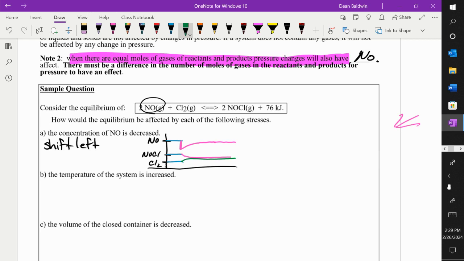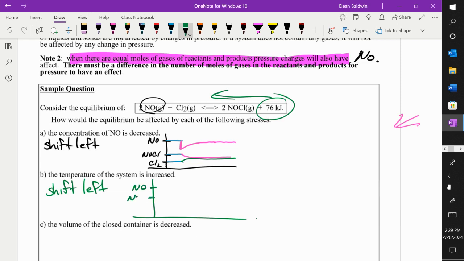All right. If we increase the temperature of this system, so we heat it up under a Bunsen burner like you did on Friday, which way does it go? It's going to go left, right? Because we have energy on this side, so it's going to want to shift back. NO, NOCl, and Cl2.